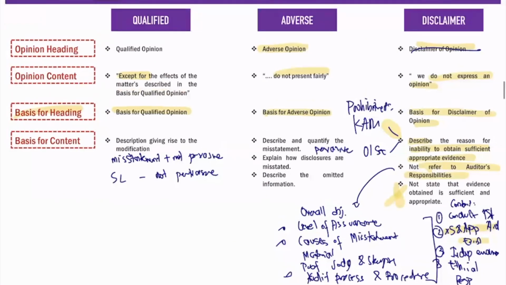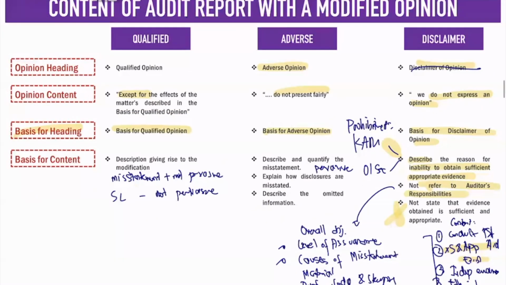Again, in your qualified opinion, you will just provide a basis for paragraph, where you just describe what modified your audit report. Normally, that is the misstatement that is not considered pervasive. As to your adverse opinion, you just provide under your basis for paragraph the pervasive misstatement, or how pervasive the misstatement is on your disclosures, or how pervasive the omitted information is.